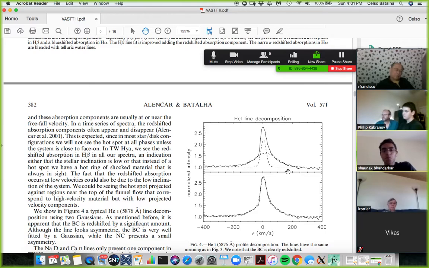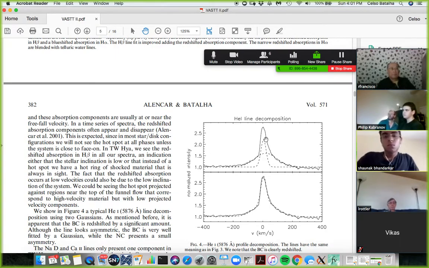So this UV radiation can excite the helium, ionize the helium, and by cascading down, it can create this emission. So we have two possibilities of exciting helium. One is radiation, and the other one is collision.